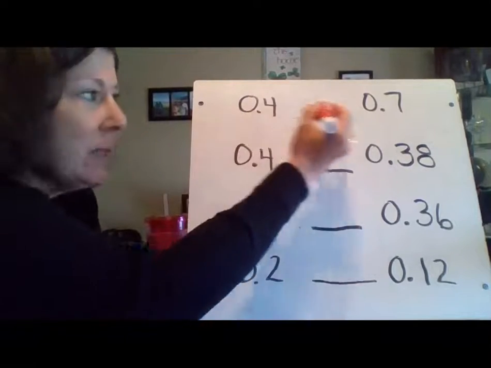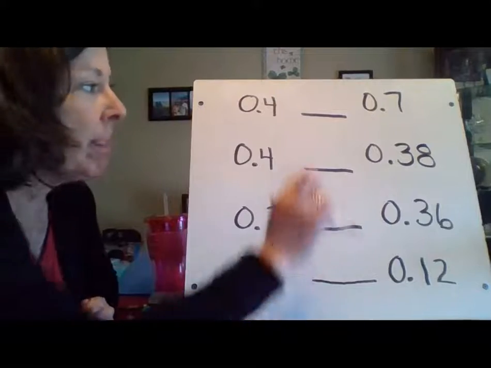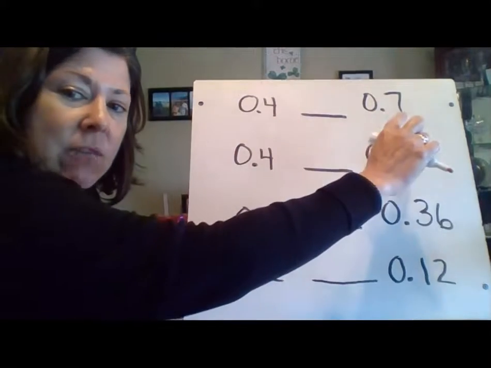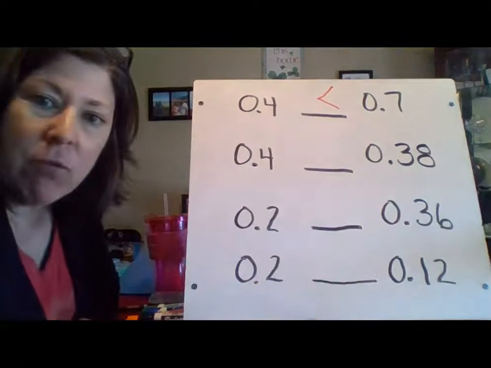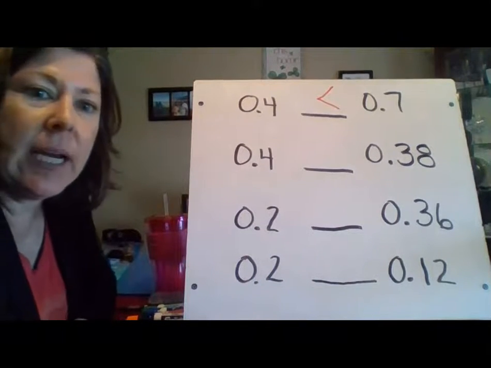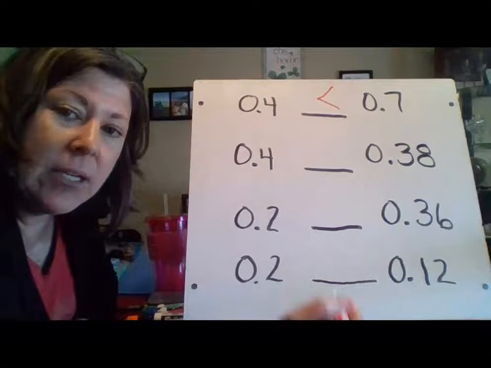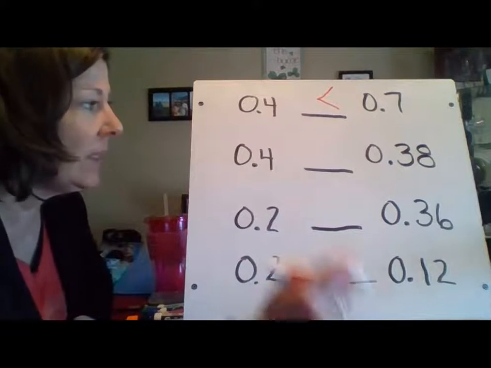Well, I have a 0 and a 0. Well, that's not going to help me. 4 tenths versus 7 tenths. 4 tenths is less than 7 tenths. If you were to actually shade a diagram 4 tenths and shade a diagram 7 tenths is clearly more.